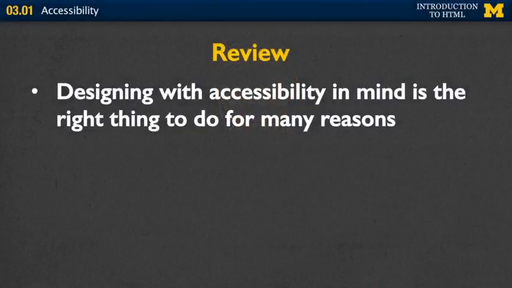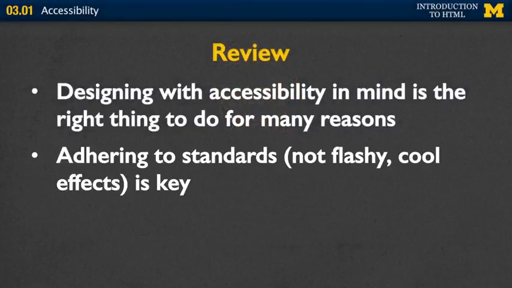Whether it's because you really want to reach out to the largest customer base you can, or because legally it's required, the important thing is make sure you do it. And the great thing is, accessible design is actually pretty straightforward. All you need to do is adhere to standards. The reason that many pages are inaccessible is because they're trying to be flashy and cool and do things that aren't quite yet fully implemented to standards.